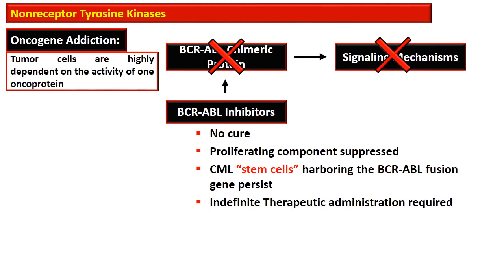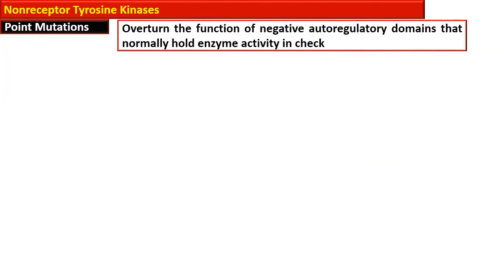So the patient should receive indefinite therapeutic administration of the BCR-ABL blocker. If it is discontinued, the stem cells will proliferate rapidly and give offspring, and the full-blown leukemia will recur.